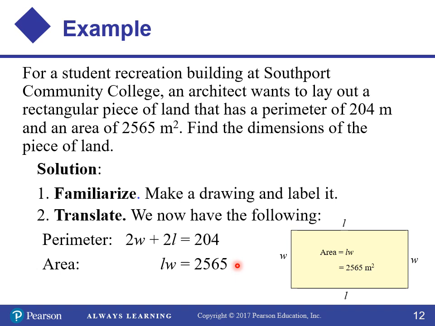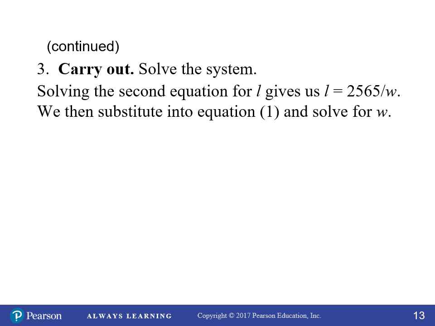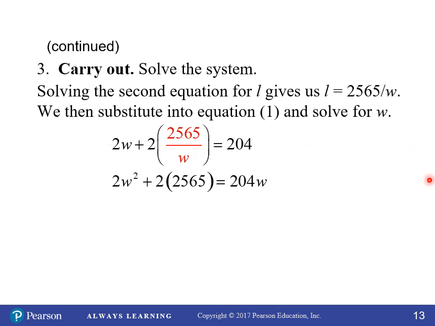Now we can choose whether we want to use substitution or elimination. It might be easiest if we use substitution, because if I take the second equation and solve for L, I can just divide by the W. Once I've solved for L, I'm going to take my other equation and plug in that value for L. And then I'm going to simplify that.